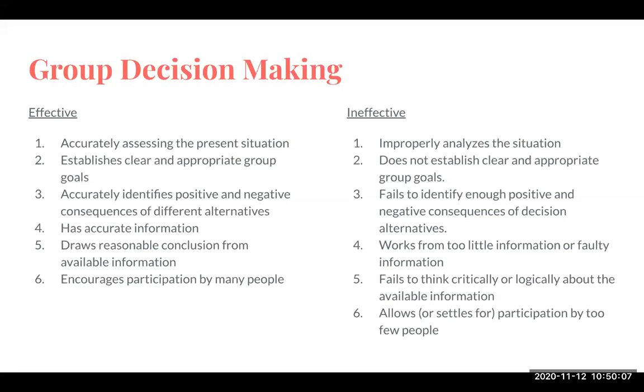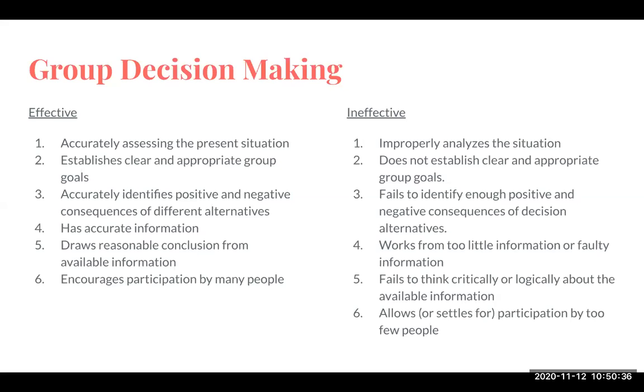So, group decision making, while it can be really beneficial and effective, it can also have some drawbacks. So, let's first talk about the ways decision making can actually be an effective way to make a decision. It can be an accurate way of assessing the present situation. It can be helpful in establishing clear and appropriate group goals, accurately identify positive and negative consequences of different alternatives.